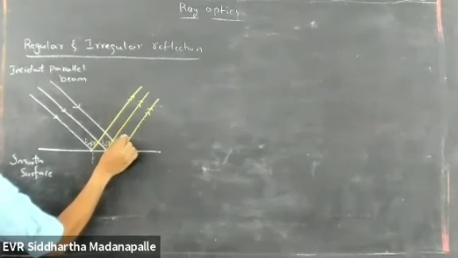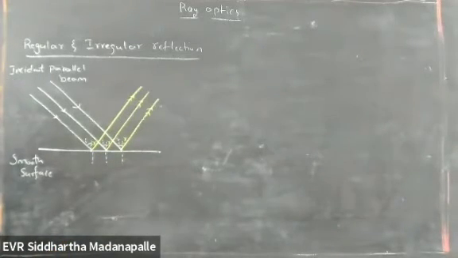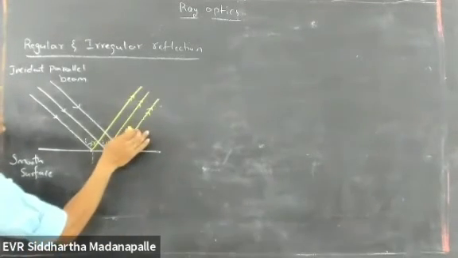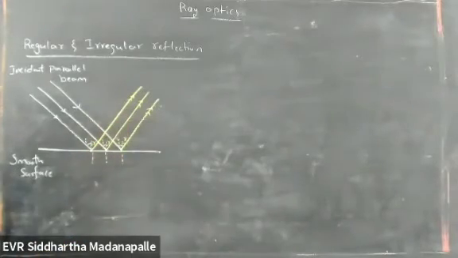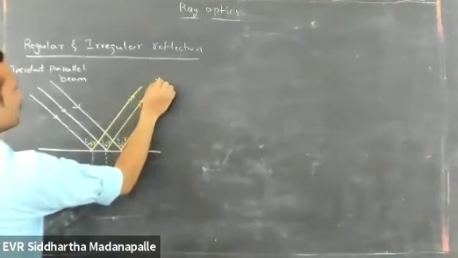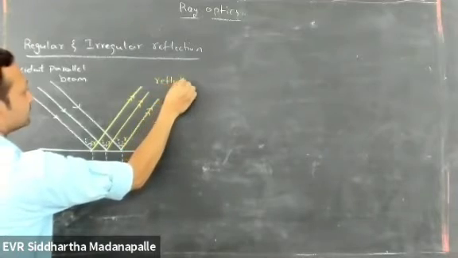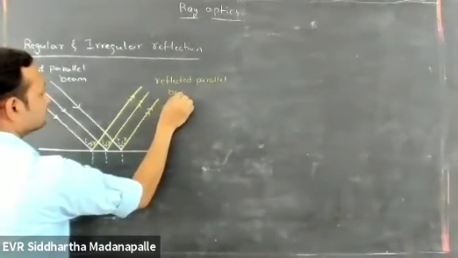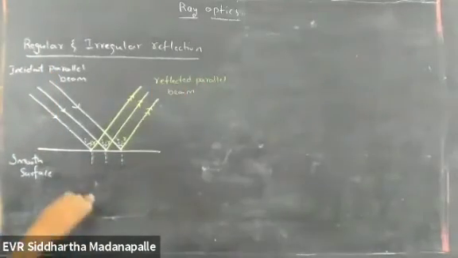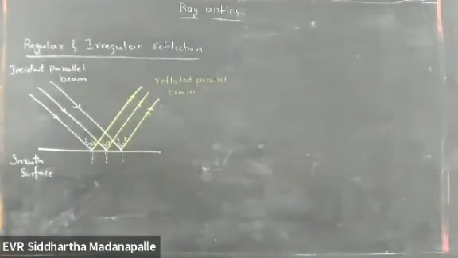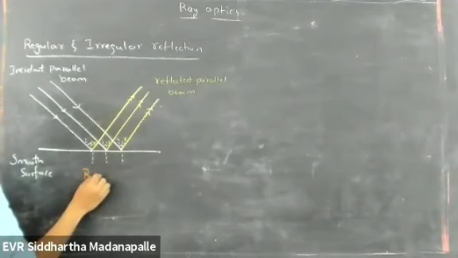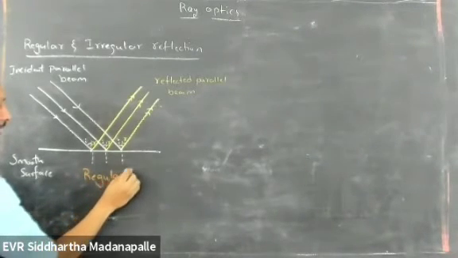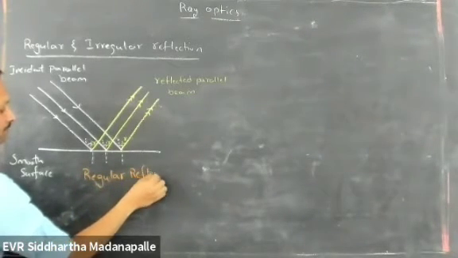This is the angle of reflection. Now, how do the reflected rays look? It is also a parallel beam, the reflected parallel beam. Such a reflection is called regular reflection.